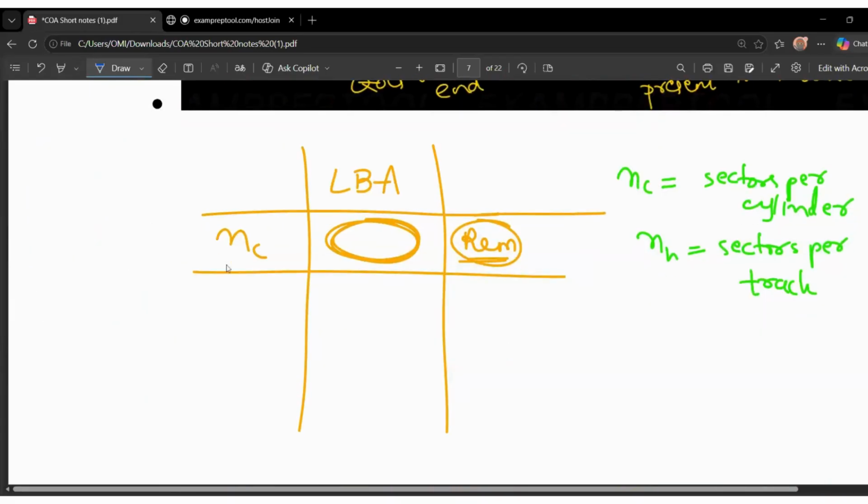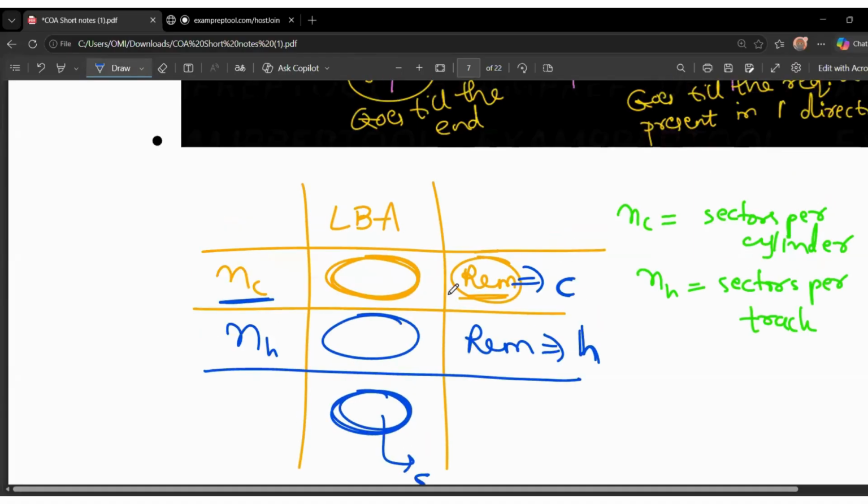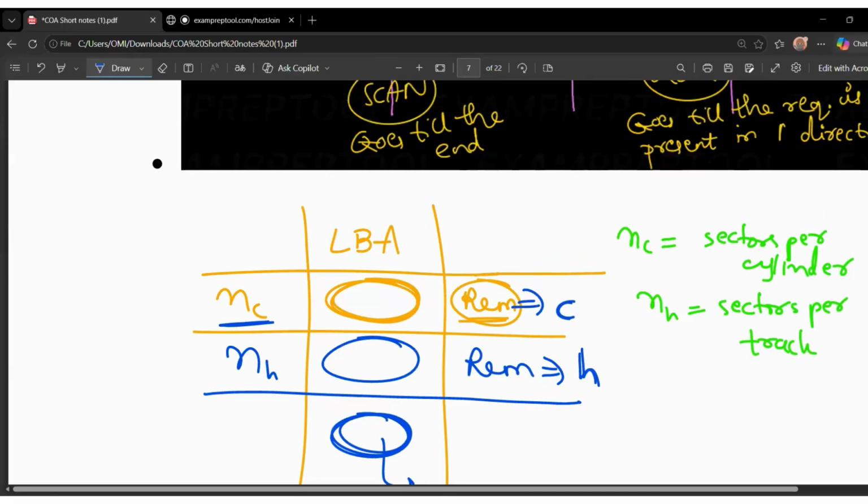Divide with the NC, whatever the remainder you get, that is your C. Then you divide with NH, whatever the remainder you get, that is your H. And whatever you get last, that is your S. Yes, we have seen this.